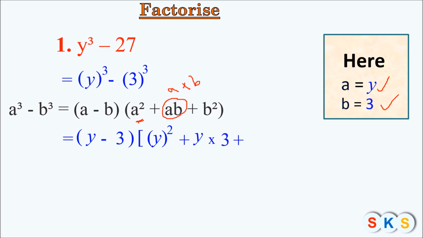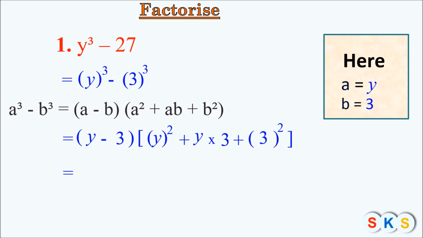The last term is b square, and in place of b we will write 3, so we will get 3 the whole square. After substituting the values of a and b in this formula, we will go for further simplification.